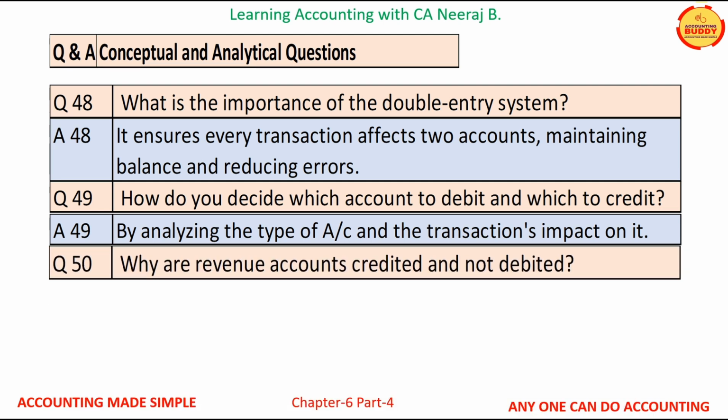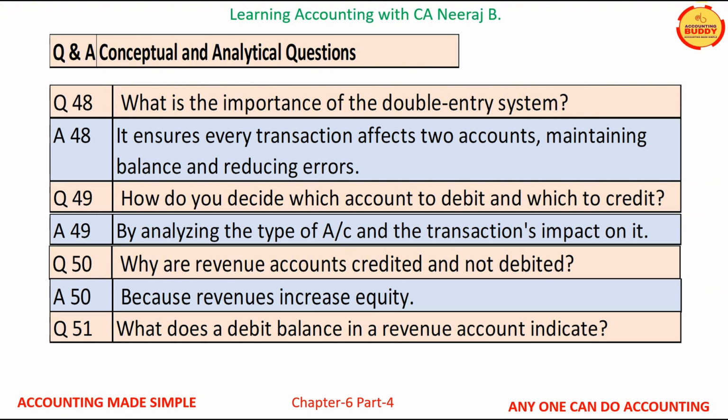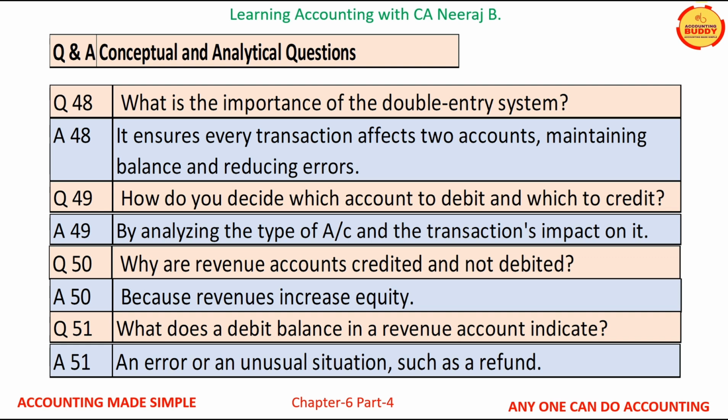Question number 50. Why are revenue accounts credited and not debited? The answer is because revenue increases equity of the owners. Question number 51. What does a debit balance in a revenue account indicate? The answer is either an error or an unusual business situation such as a refund to a customer.